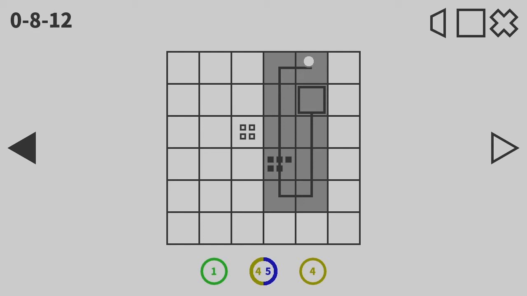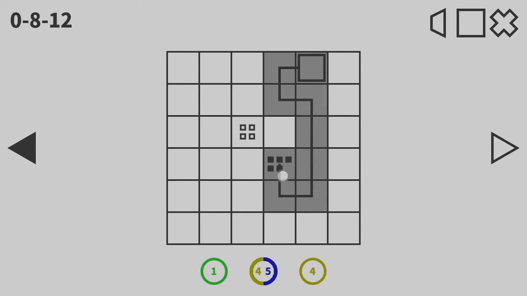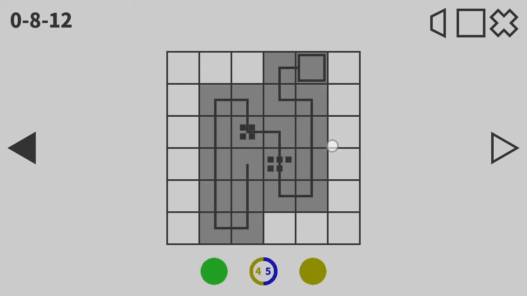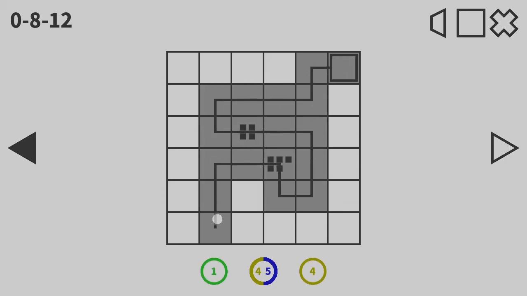But L shape 5, L shape 4. And it's not going to work, but whatever. Let's just try this. Okay, correct. It doesn't work. What if I move that over? It doesn't work. Would you believe it?